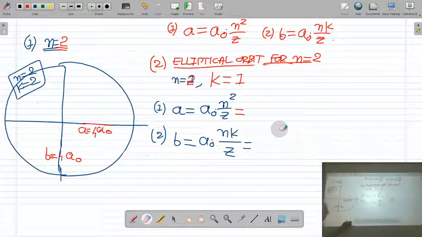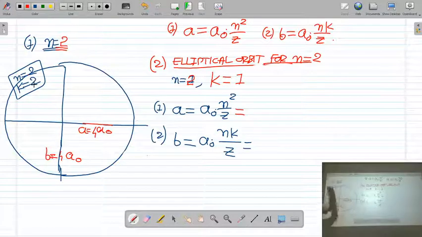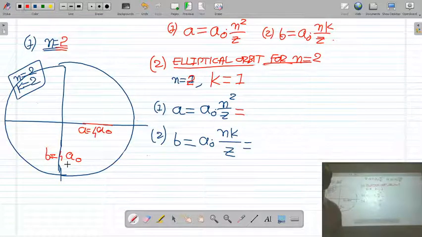Please remember, for n equal to 2 and k equal to 2, we get a circular orbit of radius 4a0.